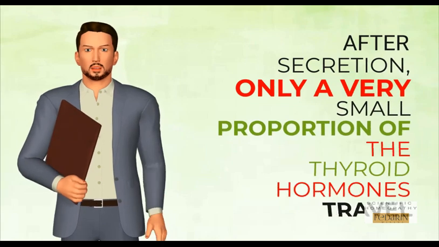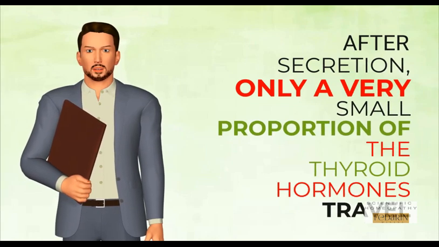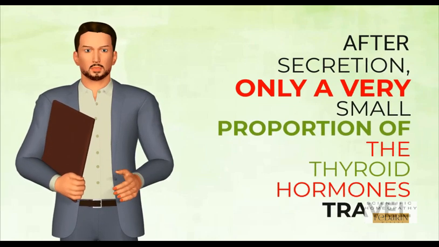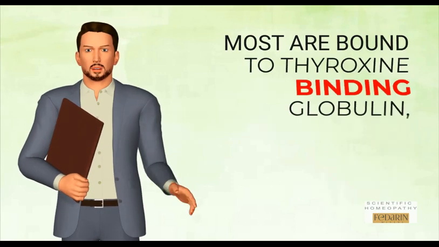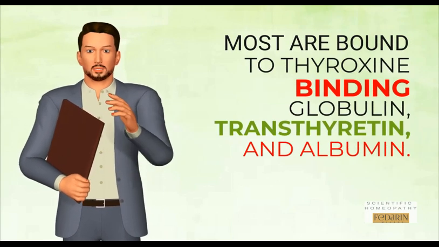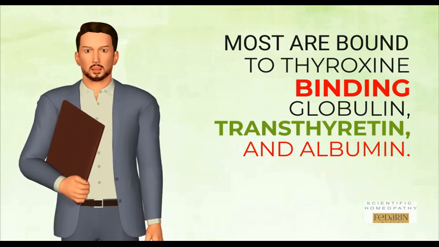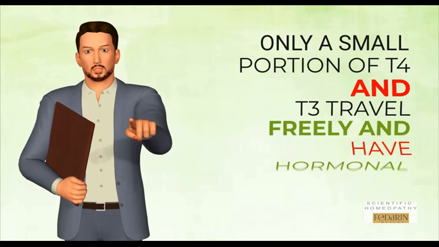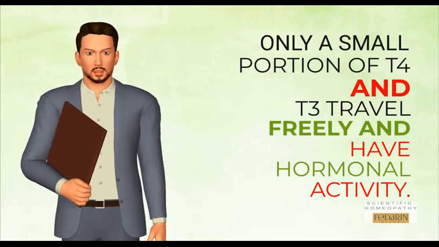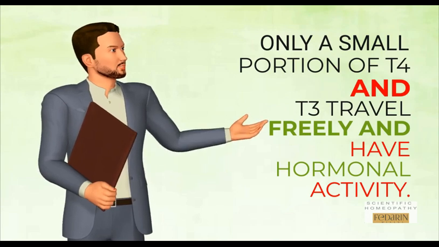After secretion, only a very small proportion of the thyroid hormones travel freely in the blood. Most are bound to thyroxine-binding globulin, transthyretin, and albumin. Only a small portion of T4 and T3 travel freely and have hormonal activity.